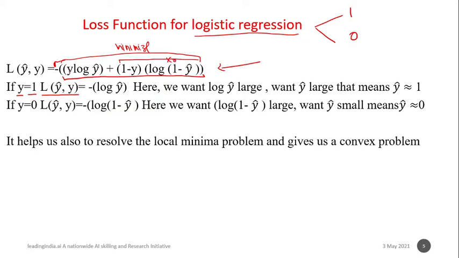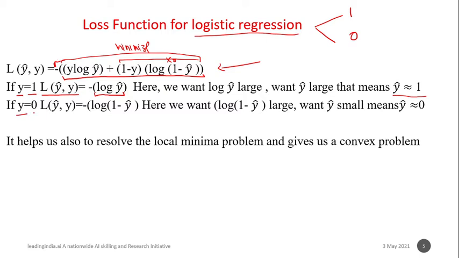So what remains is 1 times log of y cap. We have a minus sign here, so if your value is 1, this entire part we want to minimize. To minimize the complete value, you have to maximize this part. And log of y cap is maximum when y cap is maximum. Once y cap is close to 1, you get the largest value, so your loss function tries to maximize it.